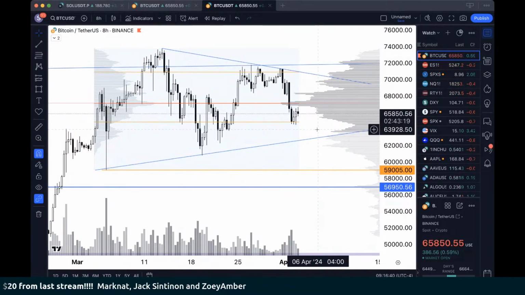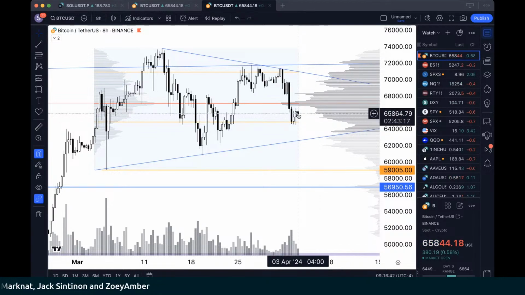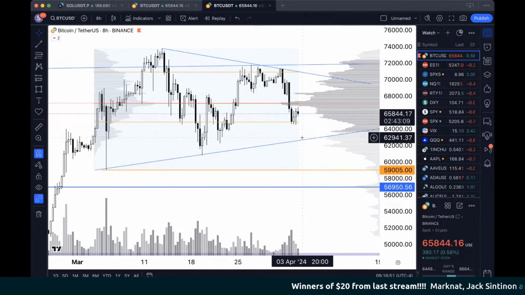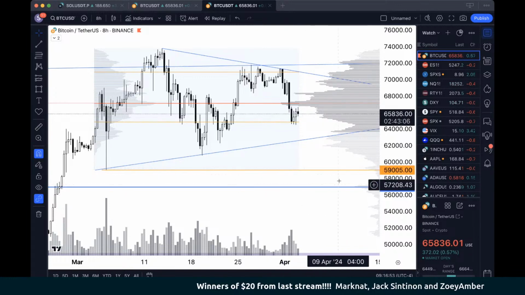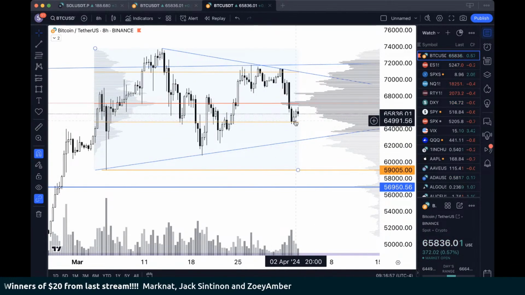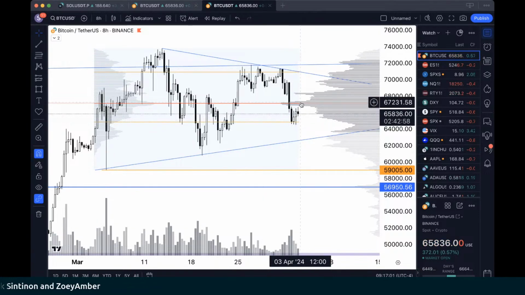Essentially what I'm looking for is one move down to here. I think in an ideal world, we come down and tag this area down here. For now, this 64 level is big. The 67 level is big.